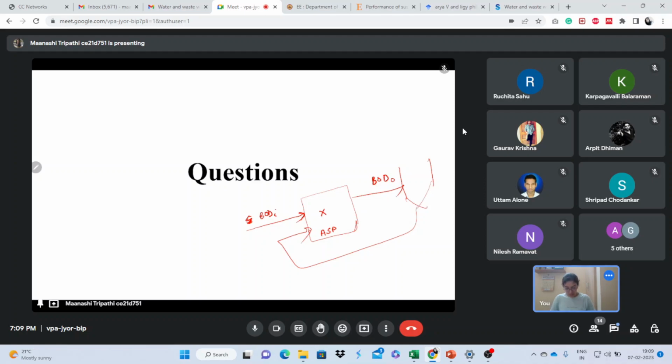So there will be many arrows coming and going, just to find out how much microbial concentration we should maintain to get the desired BOD. Here mass balance is used. This is one of the examples.